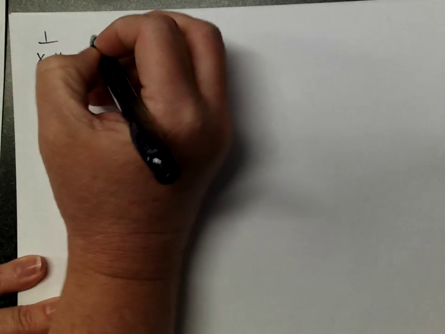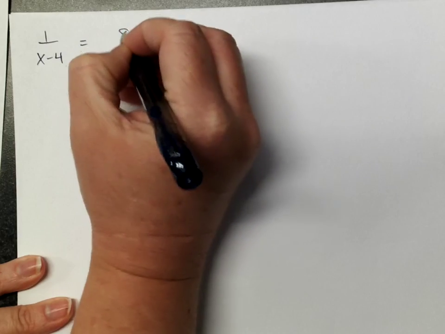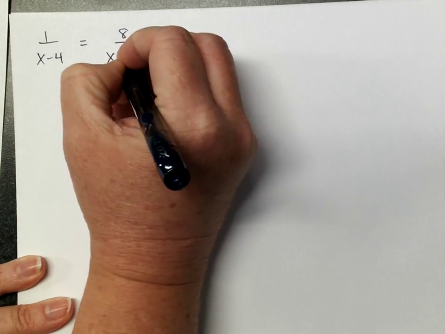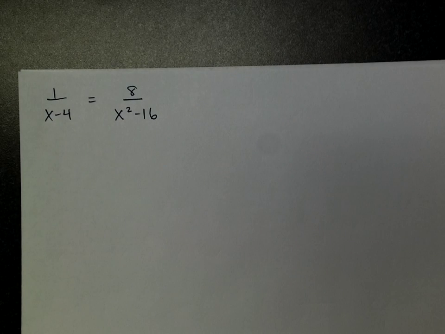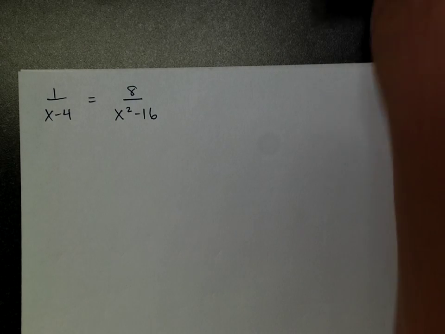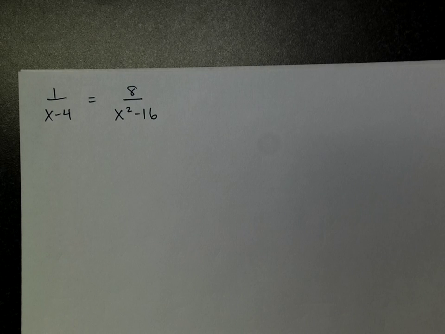All right, so 1 over x minus 4 equals 8 over x squared minus 16. Remember, your first step is just to rewrite the problem. But when you rewrite it, spread it out and make sure all the denominators are factored and locked up.